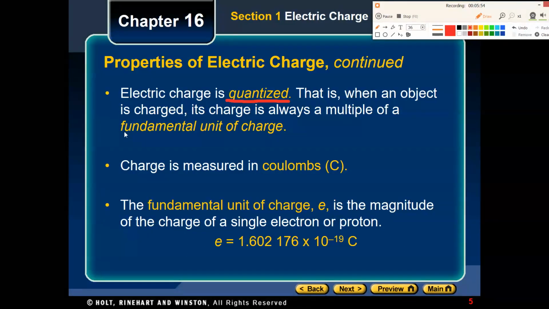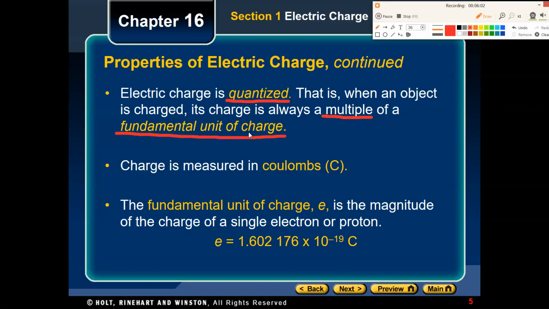Quantized means there's a fundamental unit of charge, and each charge can only be a multiple of the fundamental charge. That means in the quantum world, things are not continuous. You can only have 1, 2, 3, for example. You cannot have 1.5. Between 1 and 2, there's nothing.